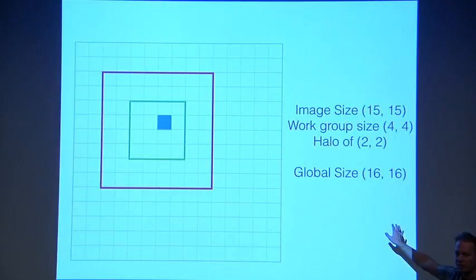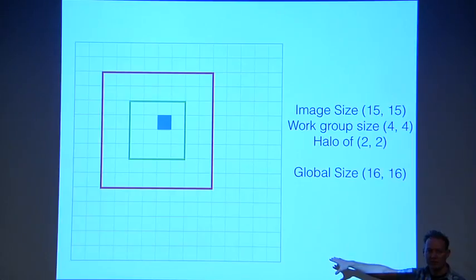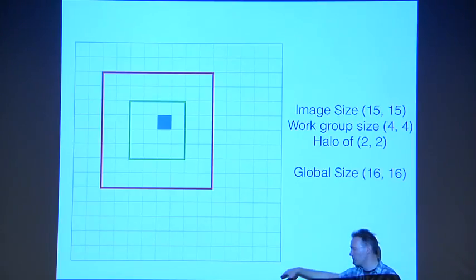That's the first maybe confusing part. Is it clear why the global size is going to be 16 by 16? Because we can't pack 4 by 4 work groups into a 15 by 15 image, right? So a few groups here will have a few pixels that don't do anything in terms of output.